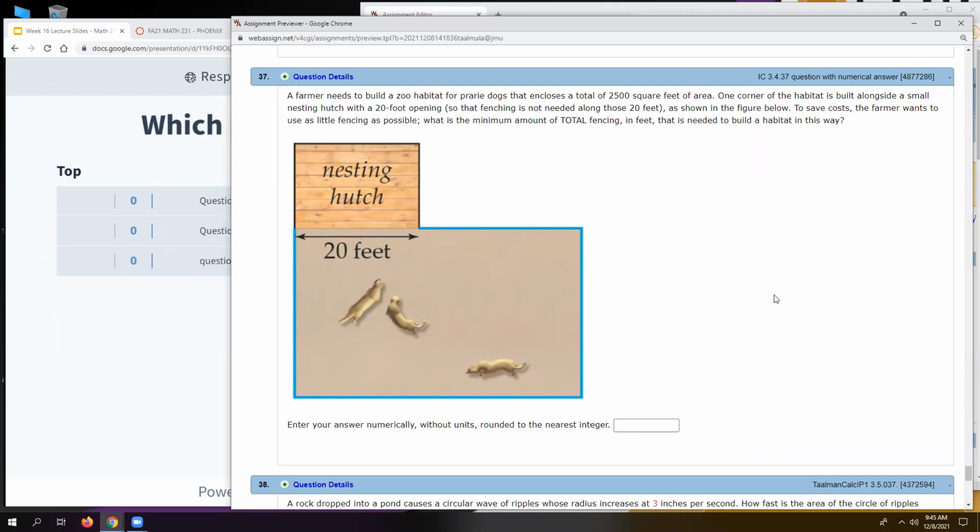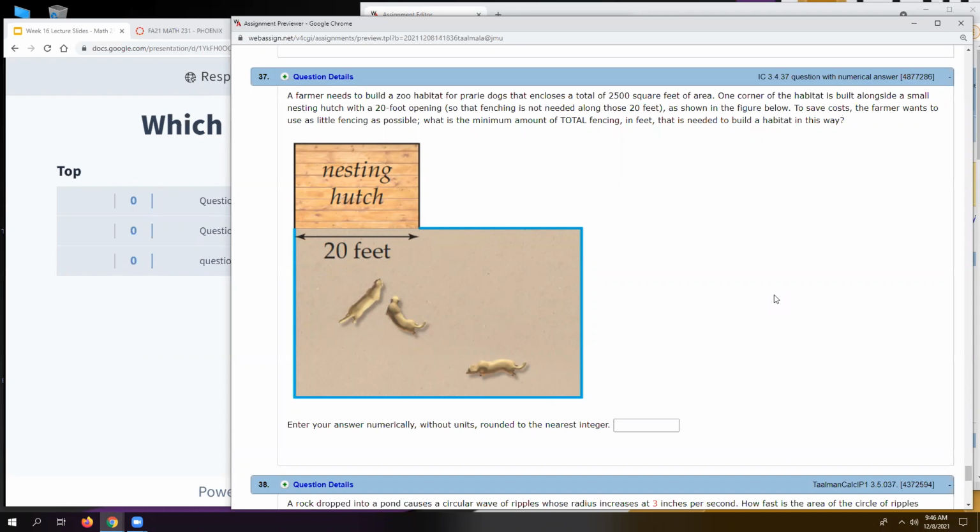What happens is with X and Y, I don't know why I made it red, but this isn't the same idea, so I'm going to make it a different color. This thing here, I can use that to kill one of the two variables. I'm going to kill the Y. So if I solve for Y, it's 2,500 over X. I'm sorry, I did that in a way that maybe you can't see it.